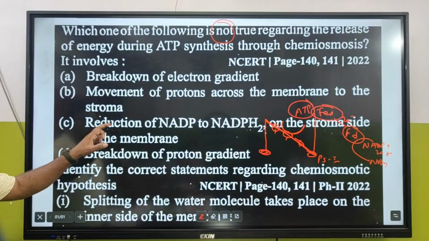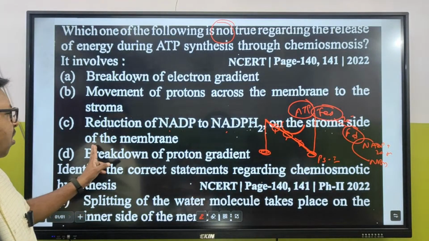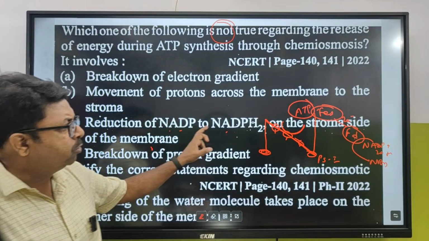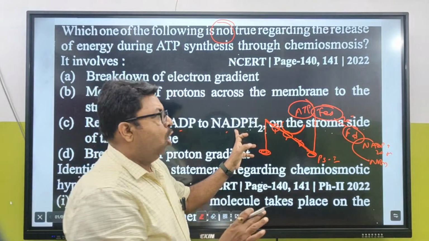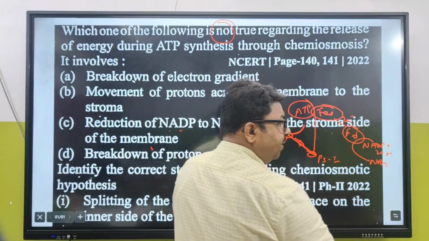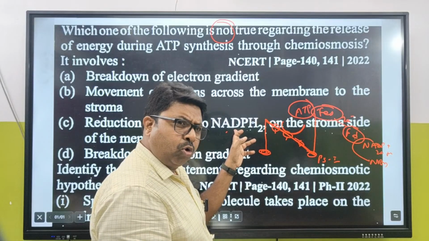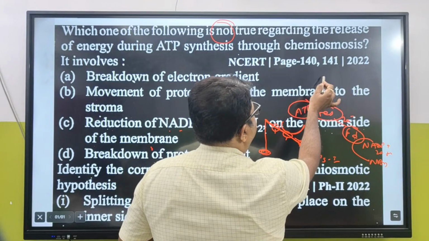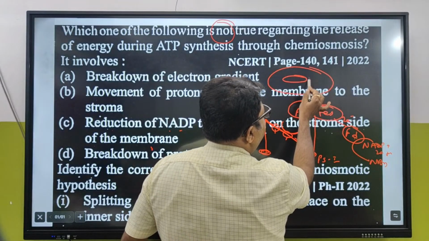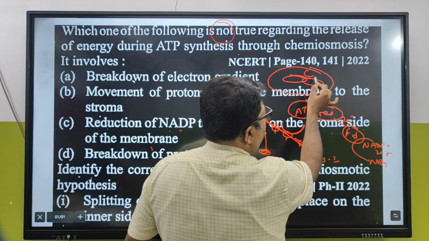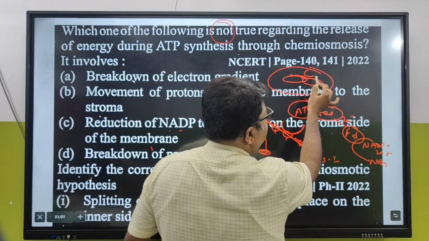Reduction of NADP to NADPH2 on the stroma side of the membrane. That's okay, on the stroma side. Where? Stroma side, yes. Don't forget, this was the stroma, it is formed here.